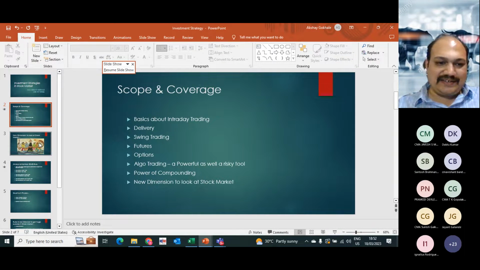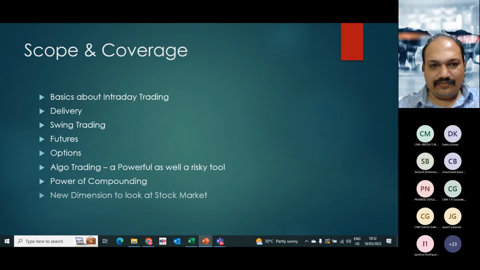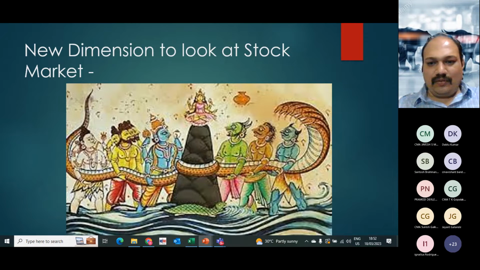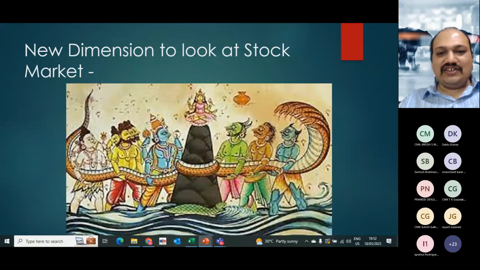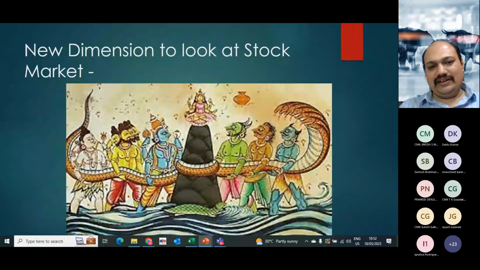And now the last thing is a new dimension to look at the stock market. What is that picture? Samudra Manthan. That's right. Here there are Asuras and here there are Devas or Suras.